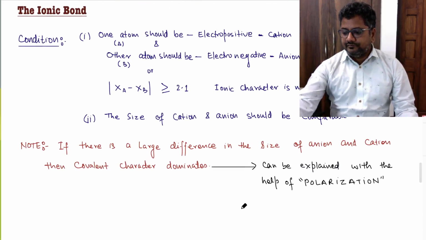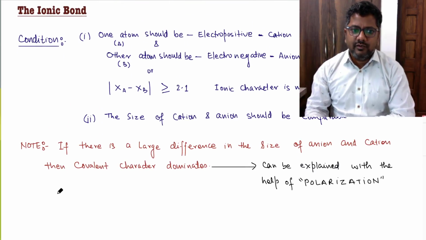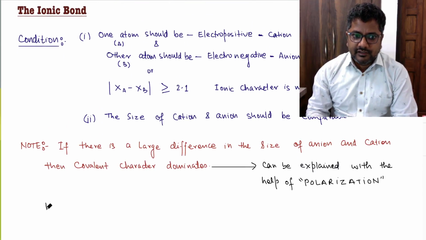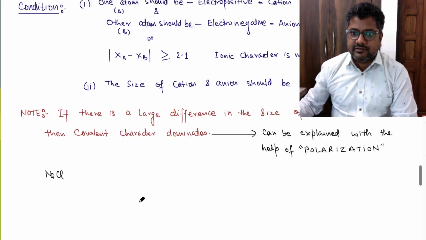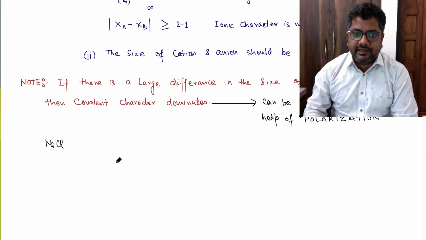Now see, all of you know that if you take sodium chloride, how can we explain the formation of sodium chloride? See, sodium has 1 electron in the valence shell, 2, 8, 1, and chlorine has 7 electrons in the valence shell.